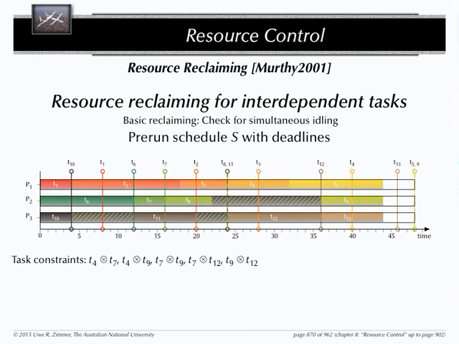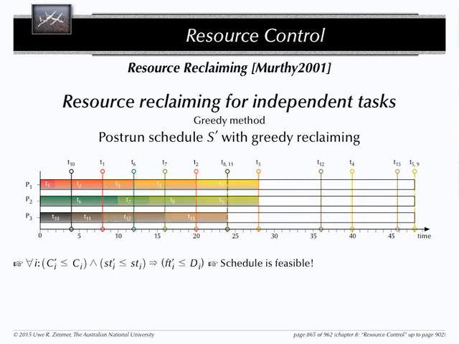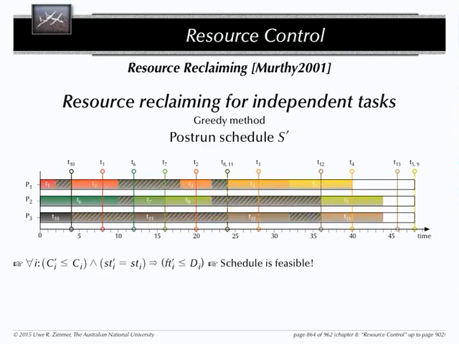Okay, how can we do that a little more cleverly? That's our post-run schedule. Can you give me a simple rescheduling strategy which is not violating any of these constraints?